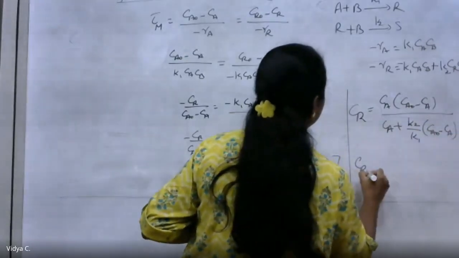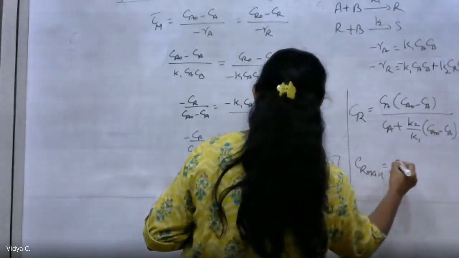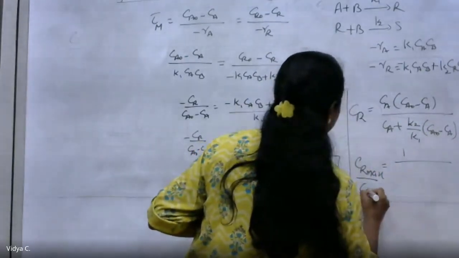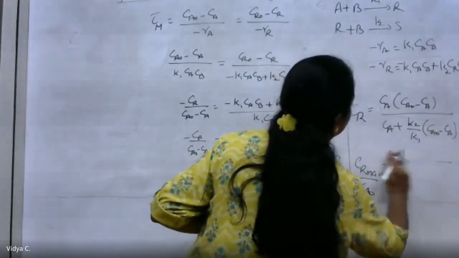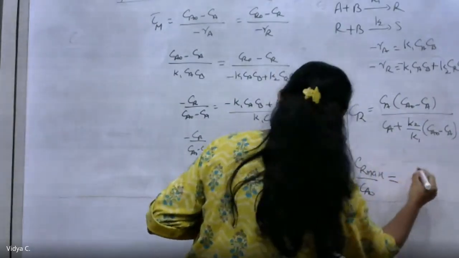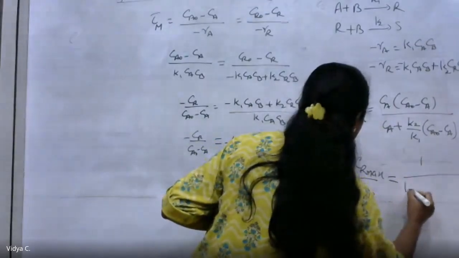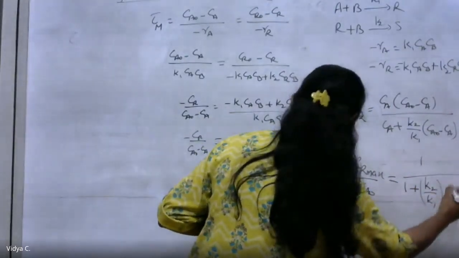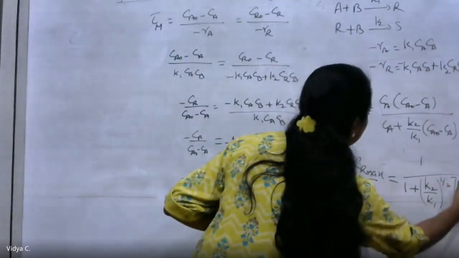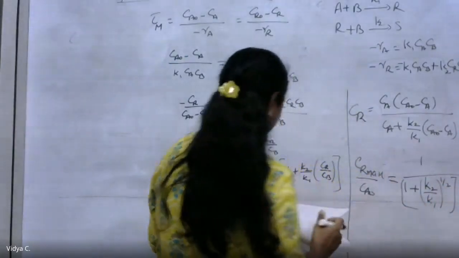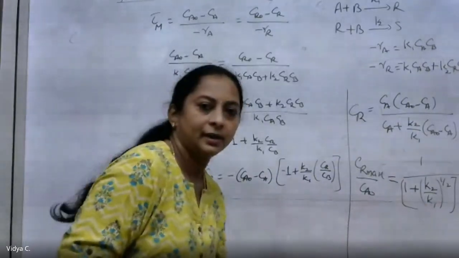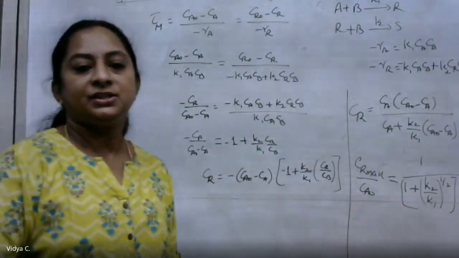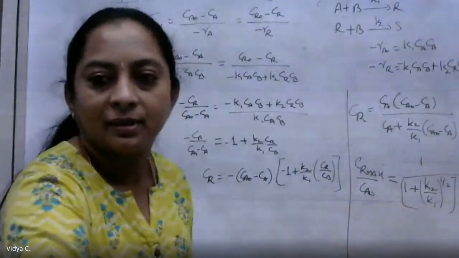And CR max, you derive it, and CR max here is CR max by CA naught is equal to 1 by 1 plus K2 by K1 to the half, whole square. This is the expression. Okay. Oops, lot of mathematics. Let's wind up. Thank you.